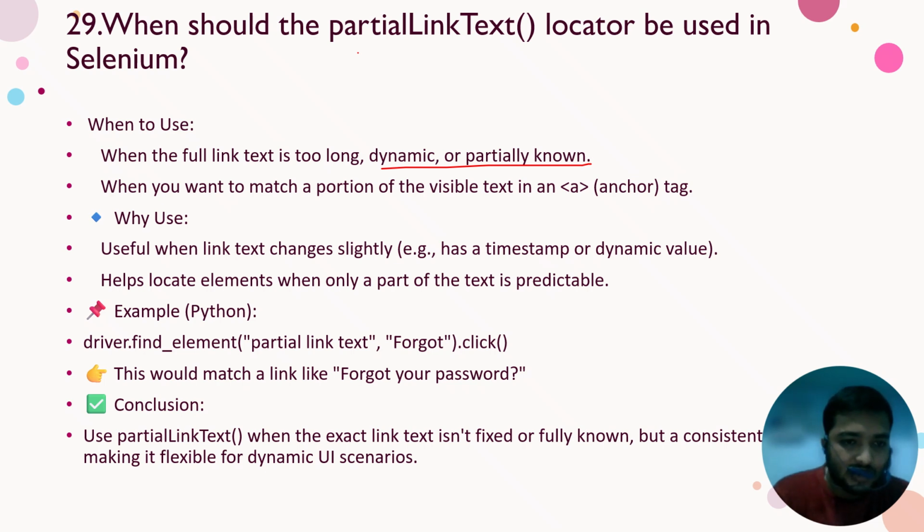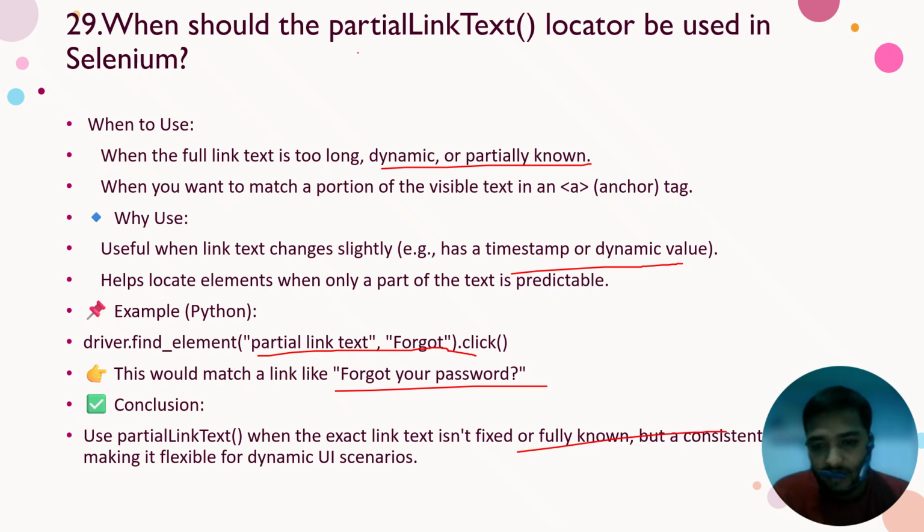Why: it is useful when link text changes slightly, has a timestamp or dynamic values. It helps to locate elements when only part of the text is predictable, like in Python, driver.find_element partial link text with forgot, and then click. This would match a link like Forgot Password. Conclude: use partial link text when the exact link text is not fixed, making it flexible for dynamic UI scenarios.